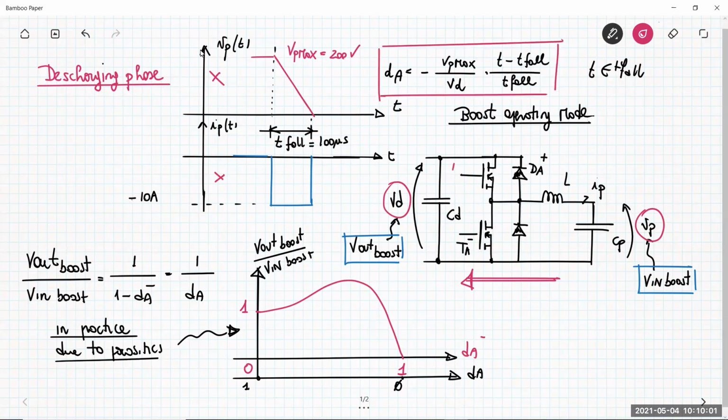The transistor TA plus is always left open, is off. So the only two devices that conduct the current are the transistor TA minus and the diode DA plus, so this one and this transistor here.